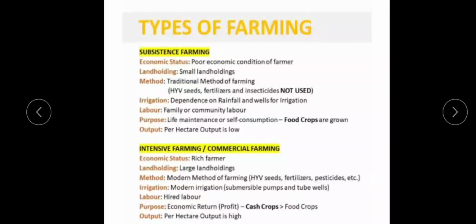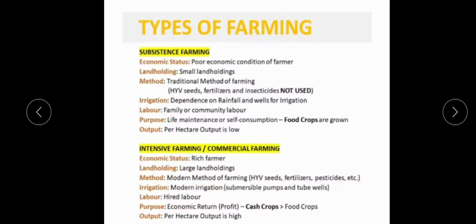Now in this slide, I have compared two farmings together: subsistence farming and intensive farming. If you see economic status, in subsistence farming there is poor economic condition of the farmer, while in intensive farming the condition of the farmer is very rich.